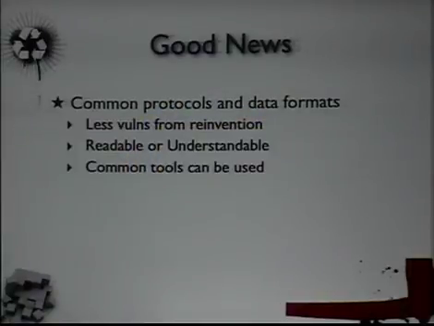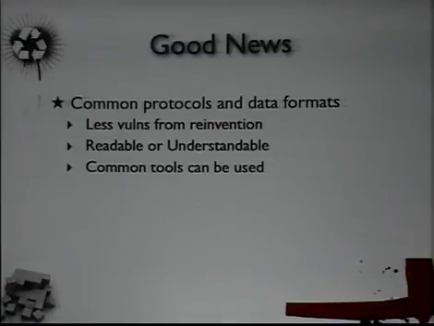So there is some good news to all this, and it's that people are using standard protocols and data formats when they're creating their APIs. So there's not a lot of reinventing the wheel from that perspective, which is good because some of these things we've kind of already fleshed out. We probably don't need to use some weird binary format that we created ourselves when connecting to these things.